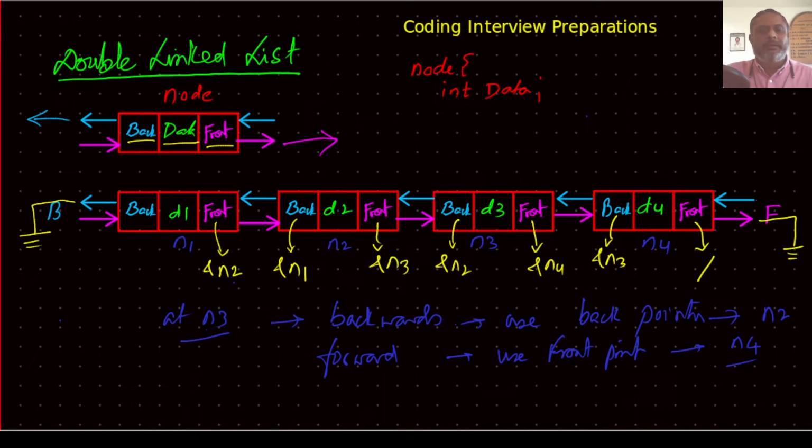Then there is a pointer to the node which we call back, and a pointer to the node which we call front. So that's an abstract way of defining a node. Done. Then what all operations are possible?